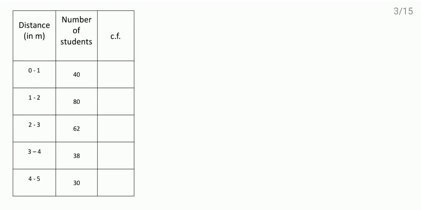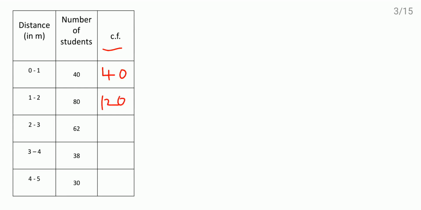Here, to find the median, we need the third column as CF. It means cumulative frequency, right? So first we'll write down the cumulative frequency, 40 here as it is. Now 40 plus 80 will become 120.